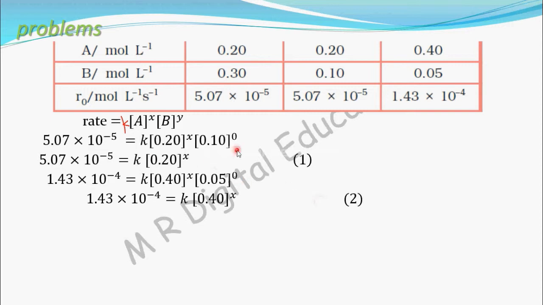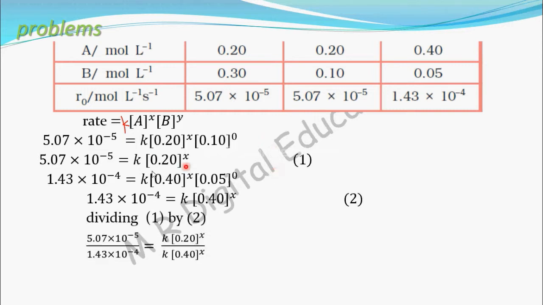Now solve equations 1 and 2. You will get the x value. How do you solve? Divide equation 1 by equation 2. So what do you get? 5.07 into 10 to the power minus 5 divided by 1.43 into 10 to the power minus 4 equals k into 0.20 to the power x divided by k into 0.40 to the power x.